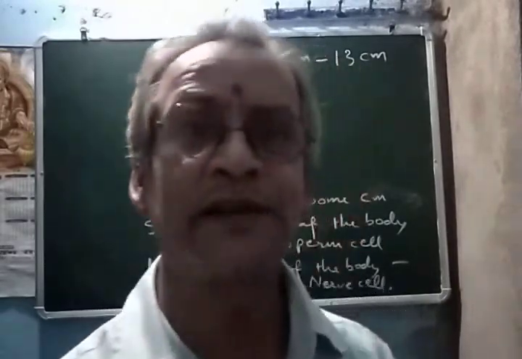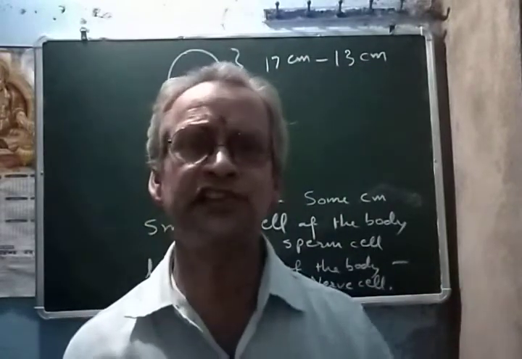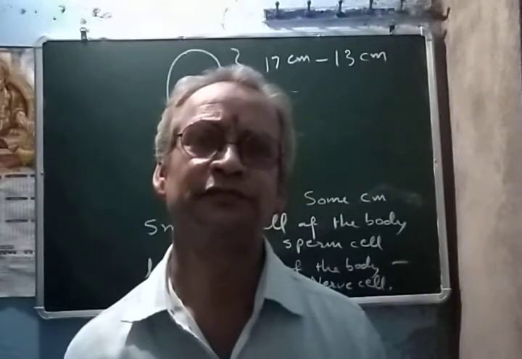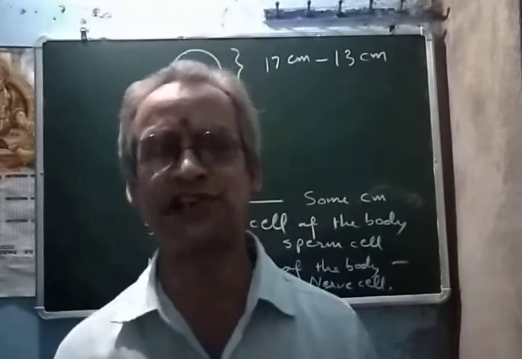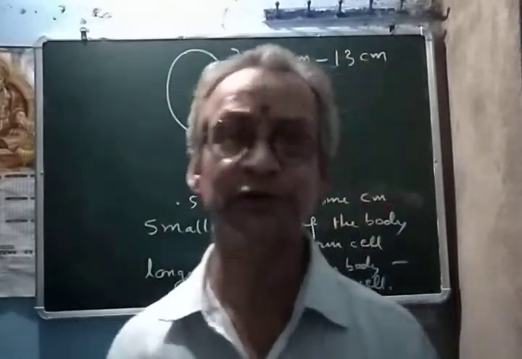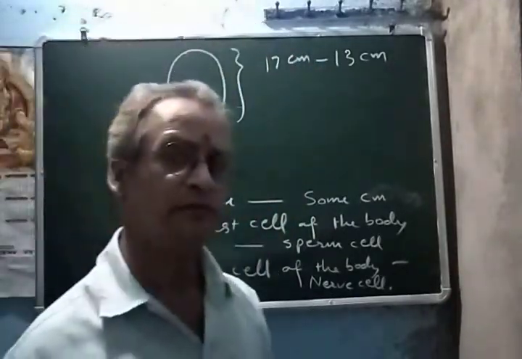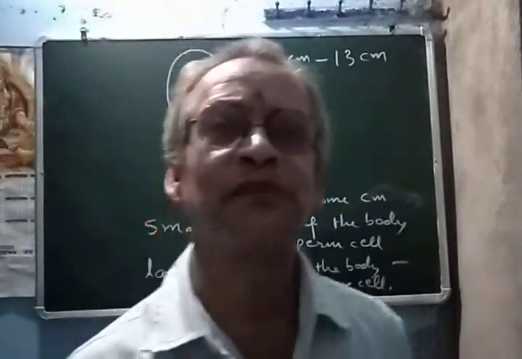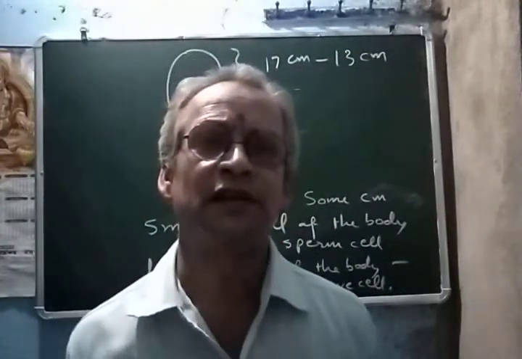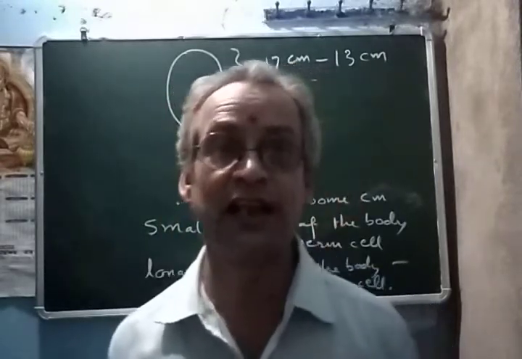Cell is a hollow box which was discovered at first by Robert Hooke in a cork slice. He called it a cell.